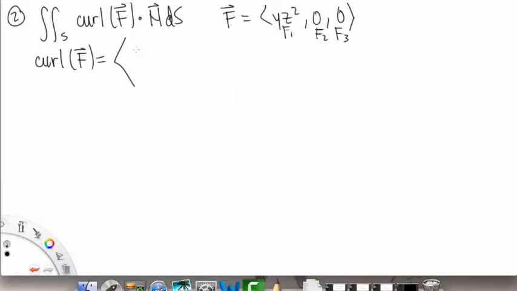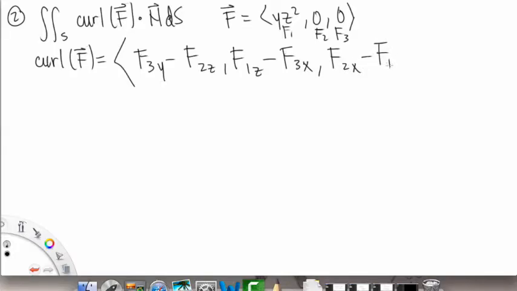So what we have is F3y minus F2z, comma F1z minus F3x, comma F2x minus F1y. Okay, that's a handful. Alright, so what this means is we're going to take the partial derivative with respect to y of the third component.